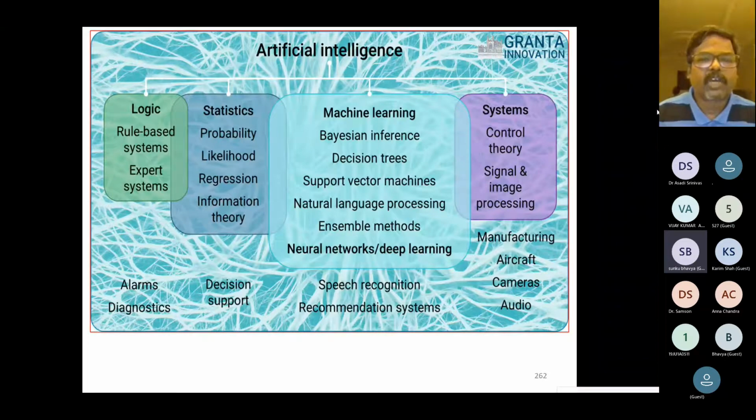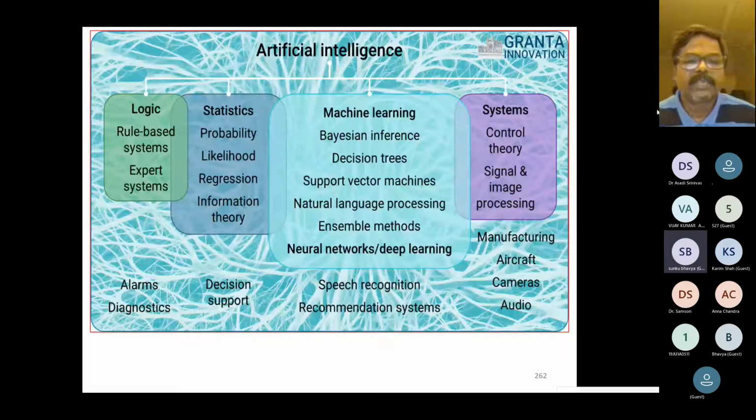What are the major concepts we are covering in artificial intelligence? Logic related concepts, statistical concepts, machine learning concepts, and systems related concepts. In logic, we have rule based systems and expert systems.